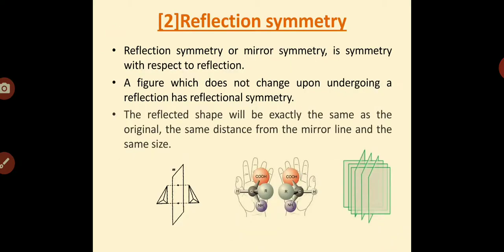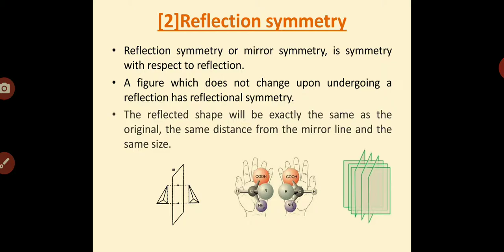Second is reflection symmetry. Reflection symmetry, also known as mirror symmetry, is symmetry with respect to reflection. A figure which does not change upon undergoing a reflection has reflection symmetry. The reflected shape will be exactly the same as the original, the same distance from the mirror line and the same size.